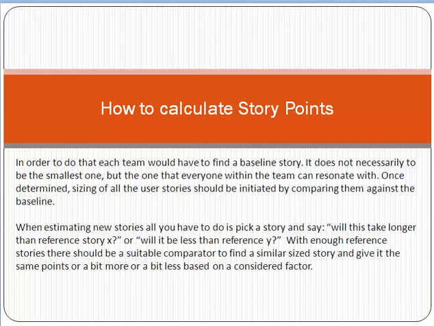Now, how do we calculate the story point? For example, friend, there are three requirements. First of all, you have to implement a requirement that a customer can do credit card payments on the e-commerce solution. In the session, you can compare it with some other story or requirement.